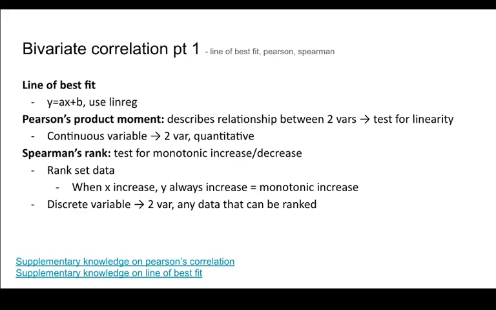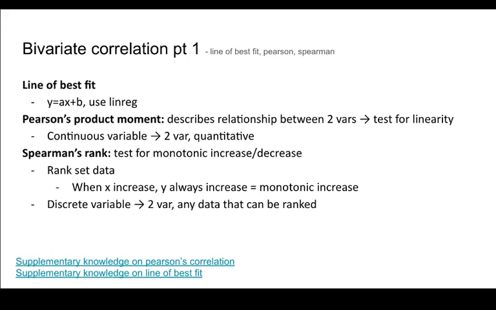And for Pearson's product moment correlation, it basically tries to find how spread your data is compared to the line of best fit. It's usually best for a continuous variable, and basically if it's closer to the number 1, it's a stronger positive correlation.